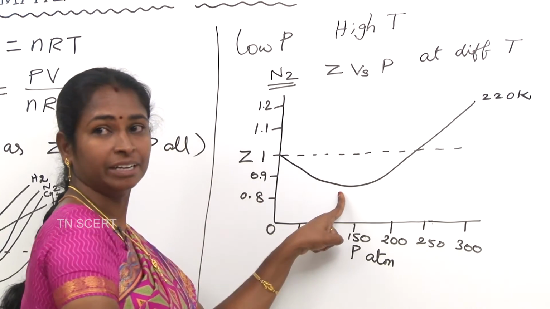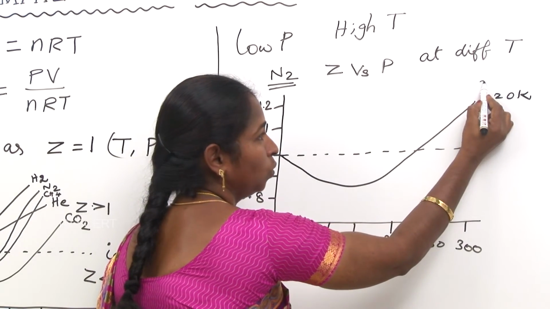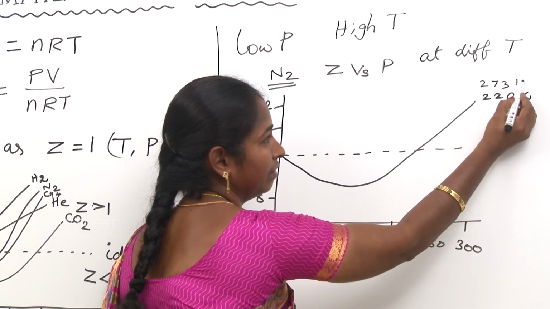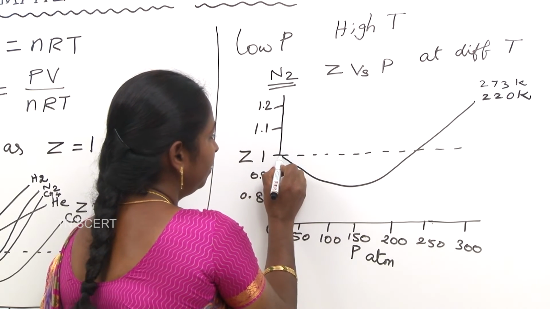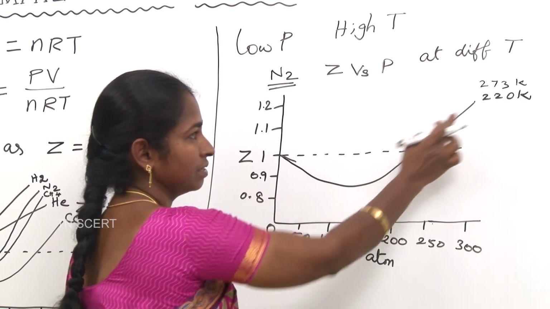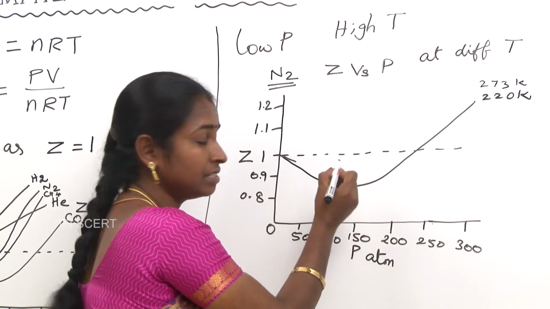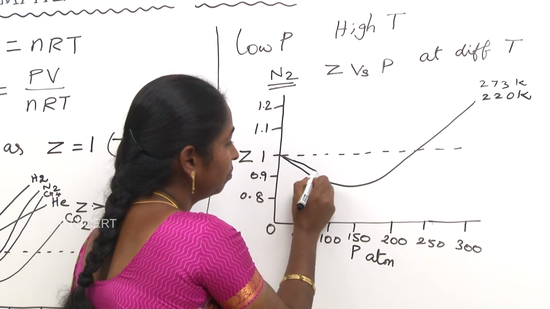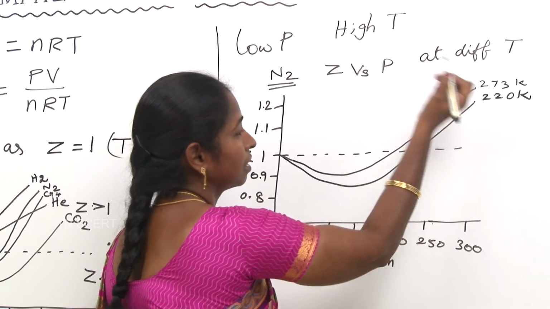At somewhat higher temperature such as 273 Kelvin, the deviation is slightly less because the temperature is slightly higher, is it not? So, the line will be like this.